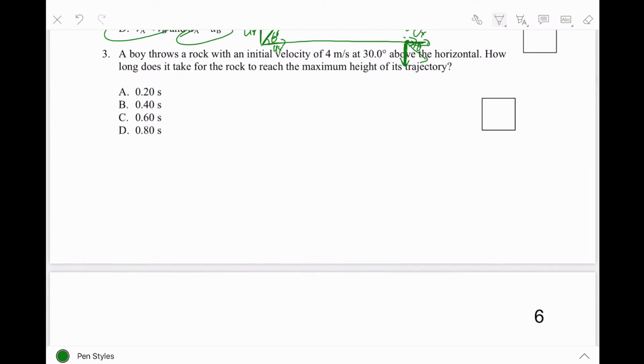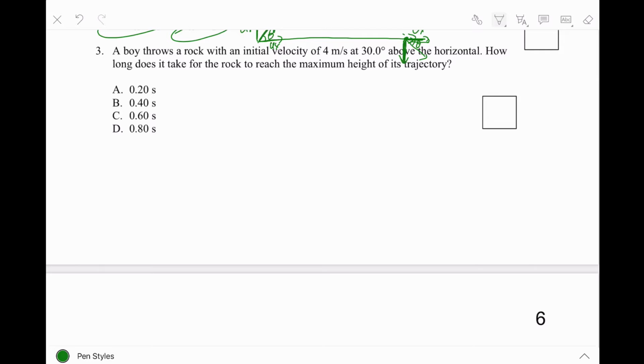Number 3, a boy throws a rock with an initial velocity of 4 meters per second at 30 degrees above the horizontal. How long does it take for the rock to reach the maximum height?